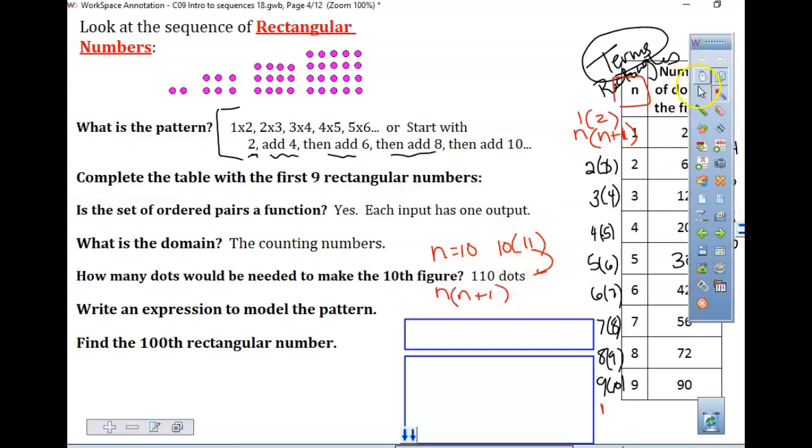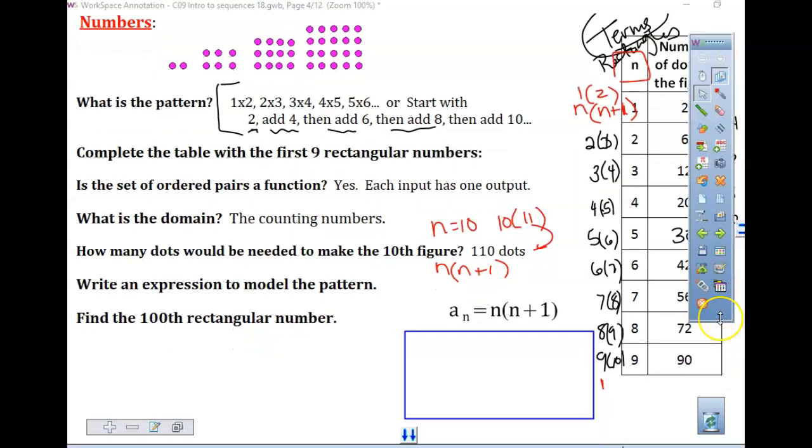So here's how we're going to write this notation. We are going to say a sub n. Different notation. We haven't had subscripts before. We had a little when we did slope, but we haven't had this before, so this is new for all of you. a sub n is equal to n times n plus 1. So this is like the 9, and this is 10. This is 7, this is 8, right? n plus 1.